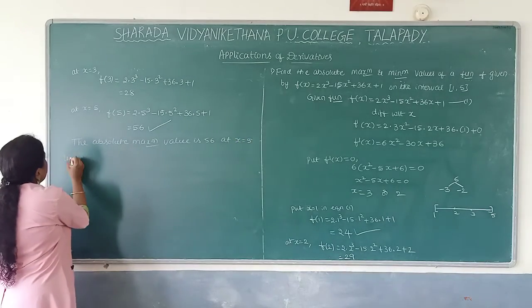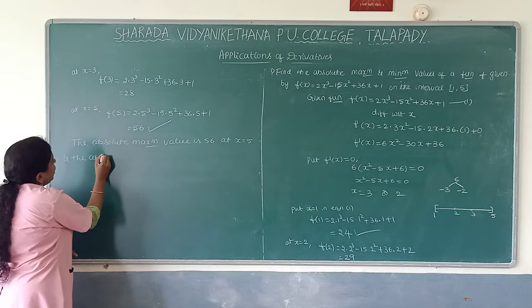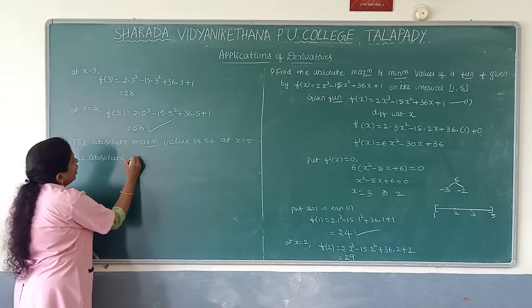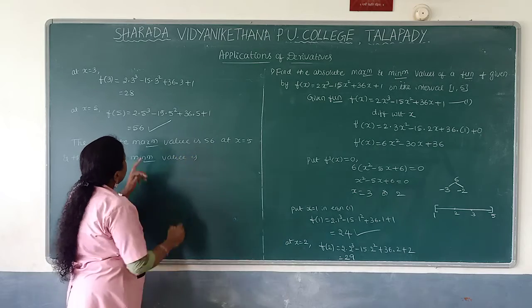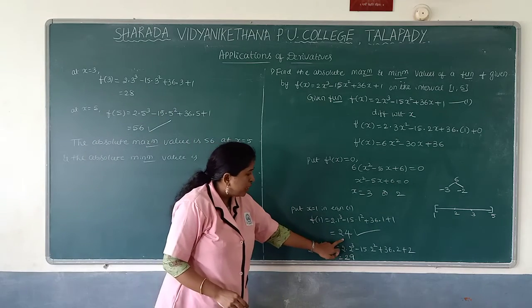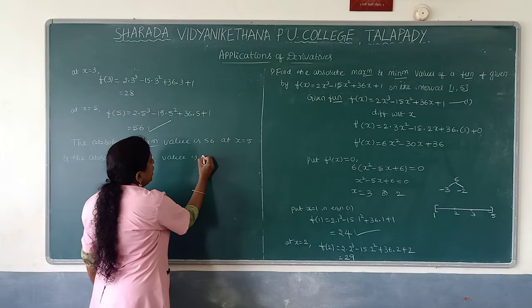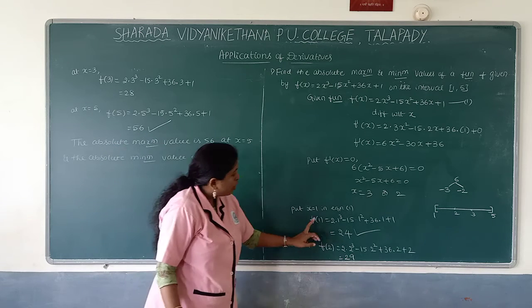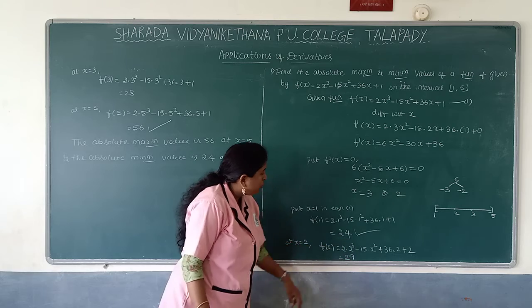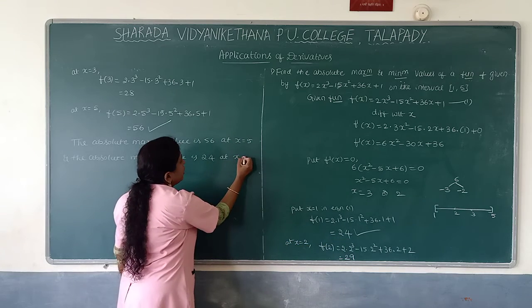And what about the absolute minimum value? After substituting, which one is least? 24. 24 is the least. At which point did we get the least value after substituting? At x is equal to 1.